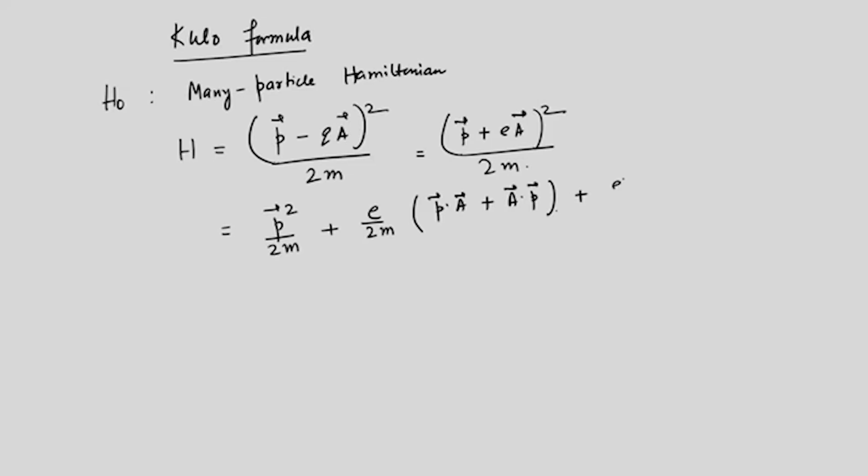And then of course, you have a term e square over 2m into A square. The first is called the paramagnetic term, and this is called the diamagnetic term.